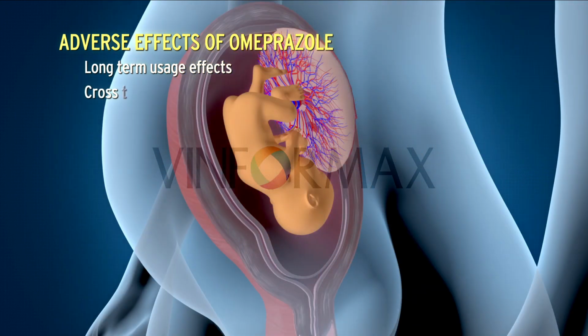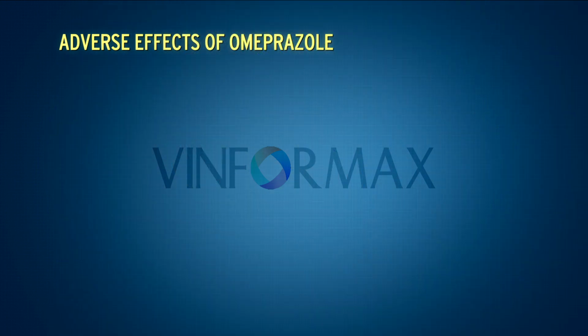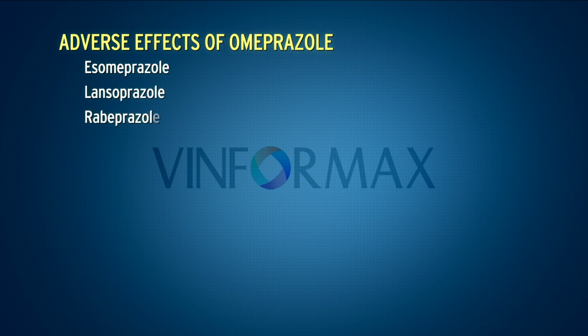They also cross the placental barrier but are not teratogenic. Other proton pump inhibitors like esomeprazole, lansoprazole, rabeprazole have the same properties as omeprazole but are more potent. Pantoprazole is equally potent but more acid stable.